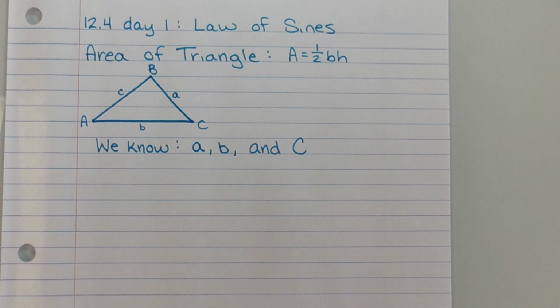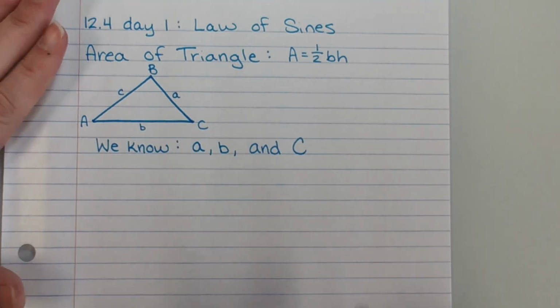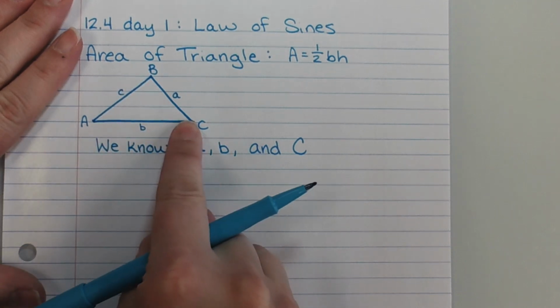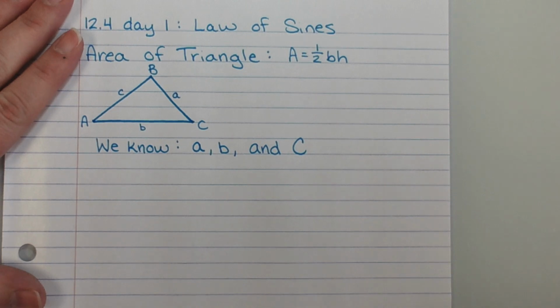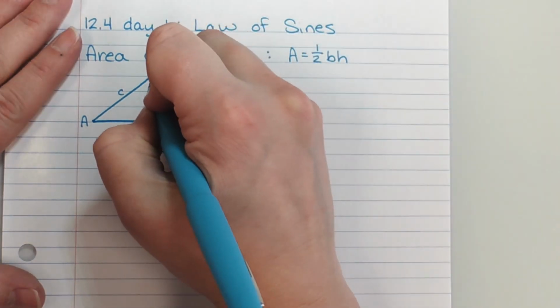If I am trying to find the area of this triangle, knowing these side lengths, let's just say I call this one the base just because it's easiest, it's on the bottom. I need the height to be right here.